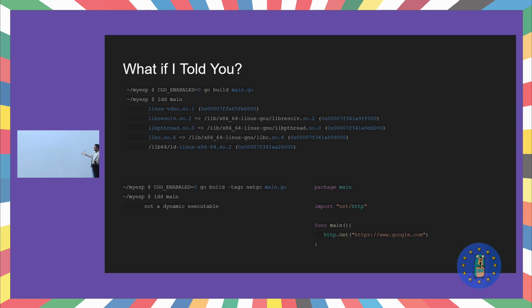Now, this indicates that CGO_ENABLED=0 will not always give me a C-free binary at the end. It's quite strange because this is contrary to the promise we've been given at the beginning. We're told if you don't want any C in your code, you set CGO_ENABLED=0, and all of this is out. But it isn't. And we're not happy, are we?